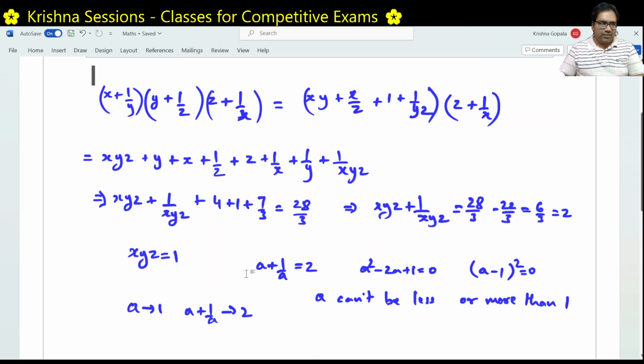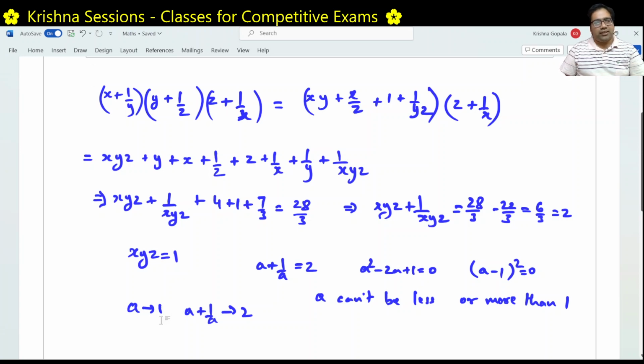Because if a is less than 1, then 1 by a will be much higher. If a is small, then 1 by a will be large. If a is large, 1 by a will be small, but the sum is 2 only when a approaches 1. You can test it yourself also.